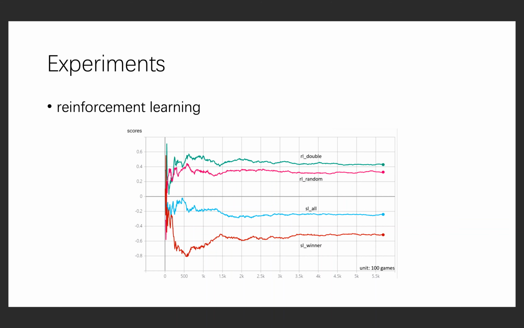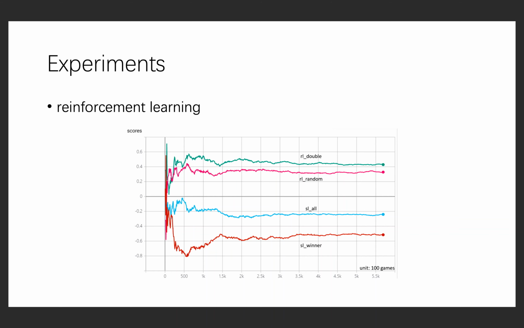In the beginning, the score fluctuates due to the randomness of this game, but as the number of games increases to 100,000, the score gradually becomes stable, and finally the reinforcement learning double model gets the highest score, 0.43, and the reinforcement learning random model gets the second one, with a score of 0.32.